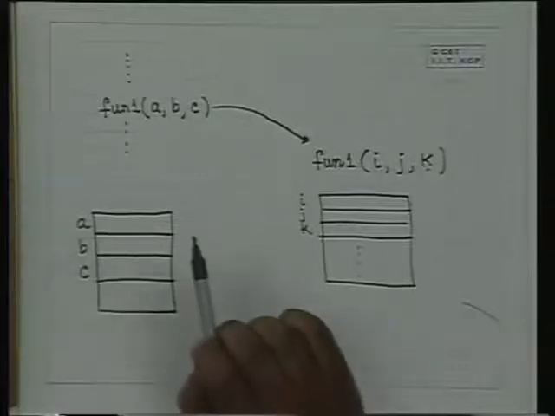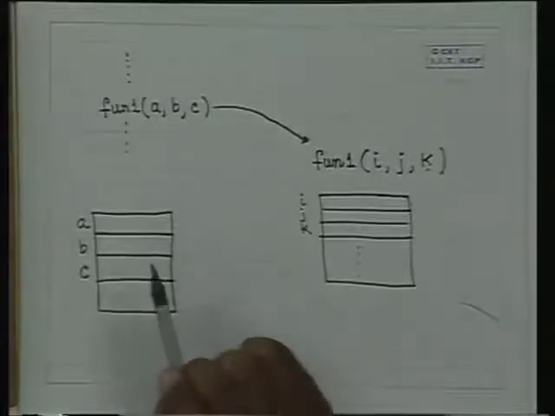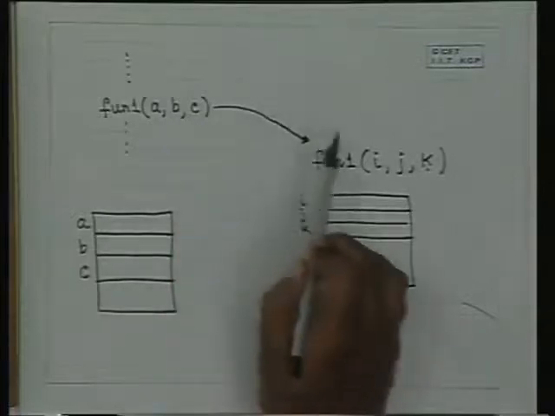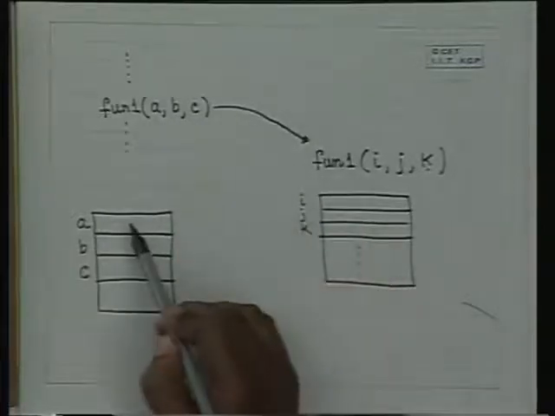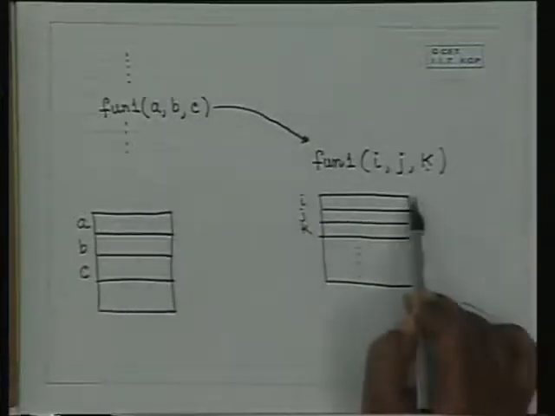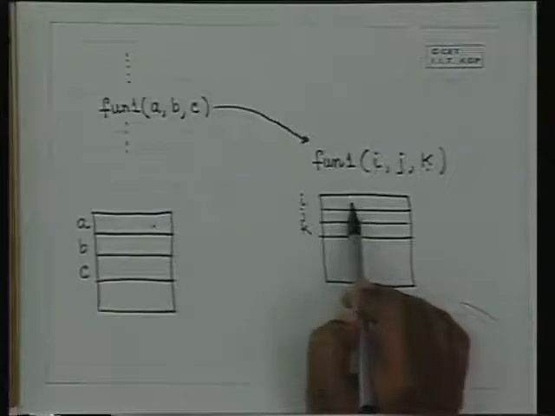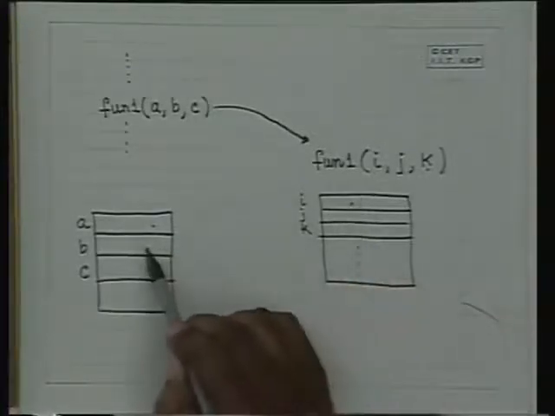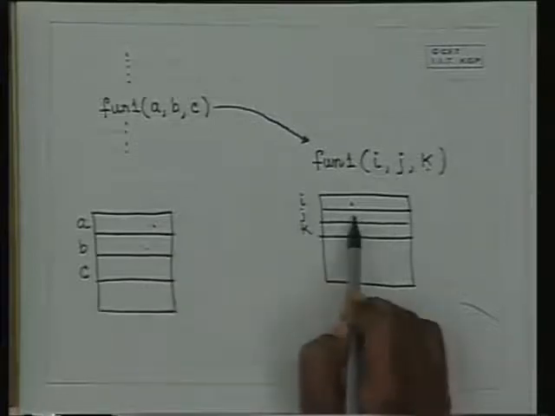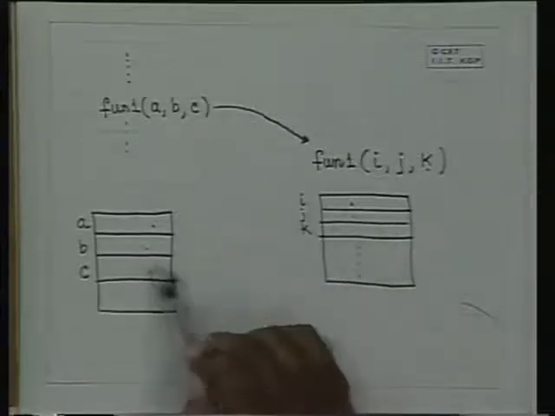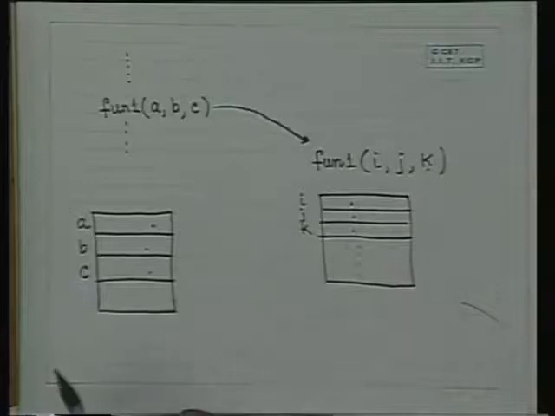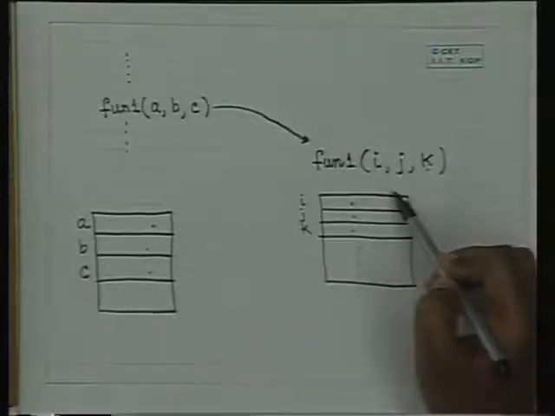In C language this is what exactly happens. When a function is called, this memory is allocated, the value of A is copied into the value of I, the value of B is copied into the value of J, the value of C is copied into the value of K, and then this starts executing.